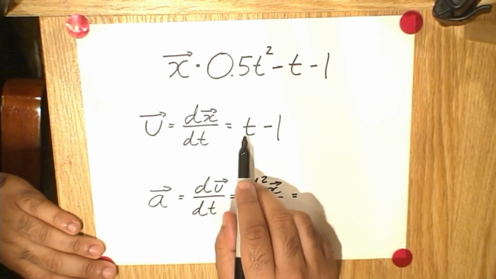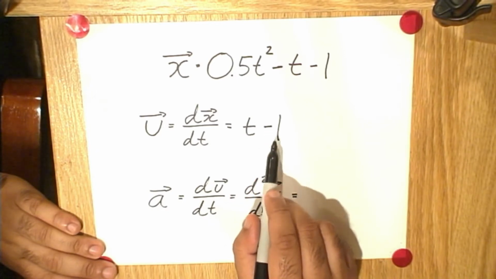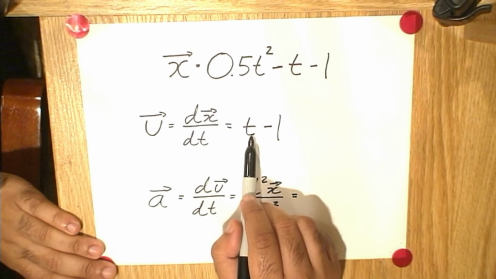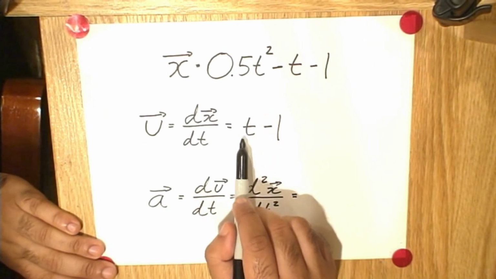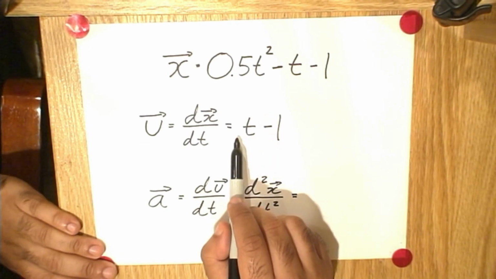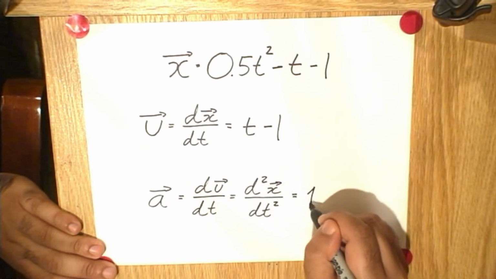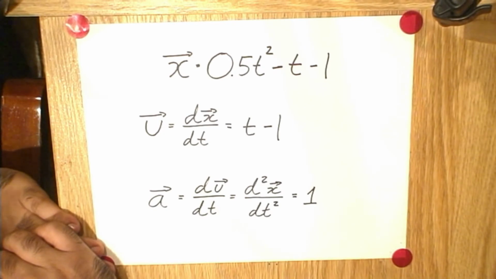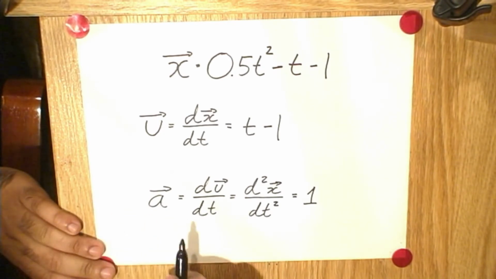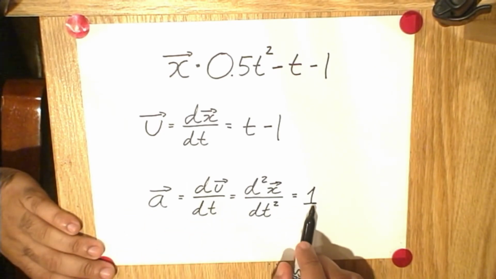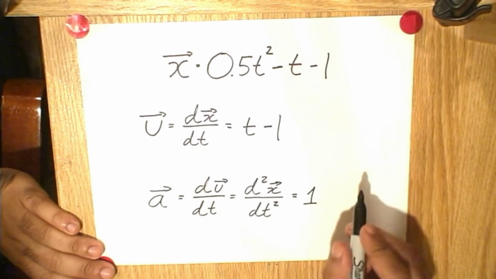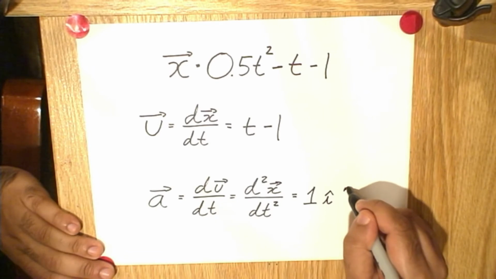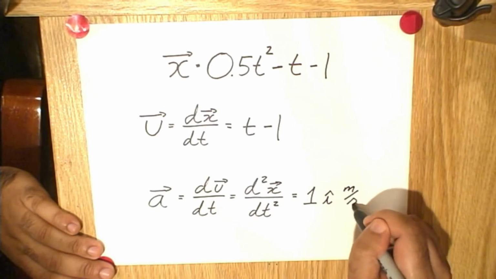The derivative of t minus 1 is going to be, this is a t term, that is t raised to the first power, so we just need to take its exponent. That's 1. And the negative 1 will drop away. So the acceleration of this particle is 1 meter per second squared. And if we wanted to be really rigorous about it, we would say 1 i hat meters per second squared.